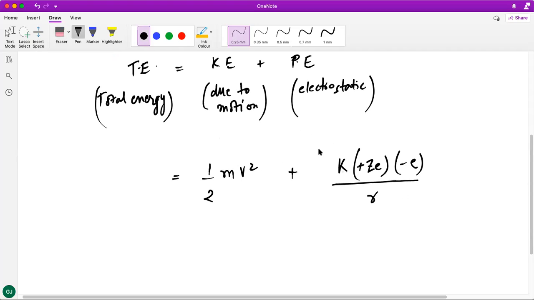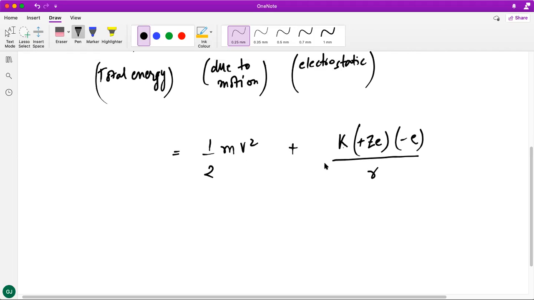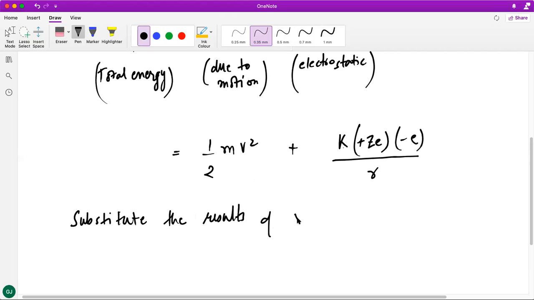Now notice here, we'll substitute the results that we had derived for V and R. What were the results?